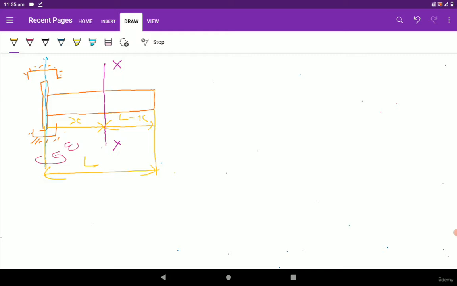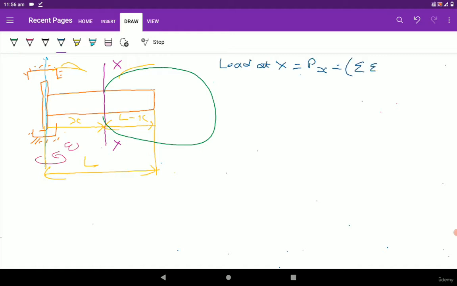Just remember that we always choose the free end to calculate the stress, because minimum unknowns are there in this case. So the load at x, Px, is the summation of the load present on either side.